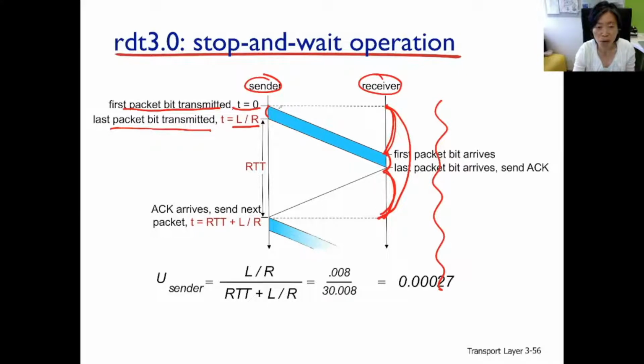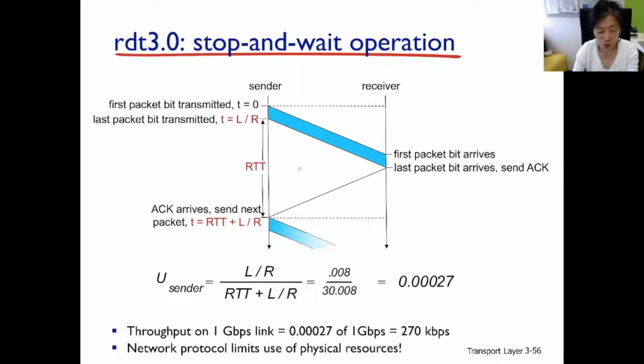Within a cycle, the sender is only active for this amount of time. Only this amount of data is being transmitted during the entire duration, while the sender could just keep pushing bits out onto the network interface. So you see again, the network utilization is L divided by R over the entire term, RTT plus L divided by R. Very low utilization.